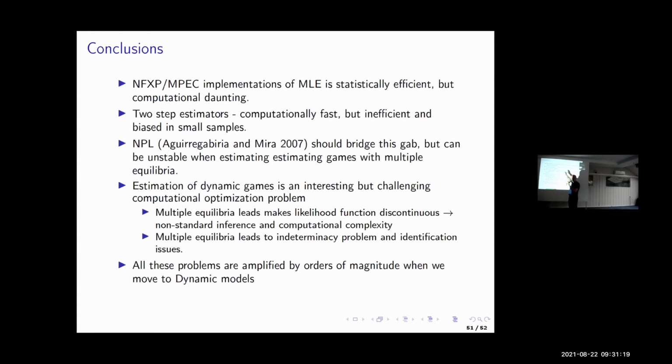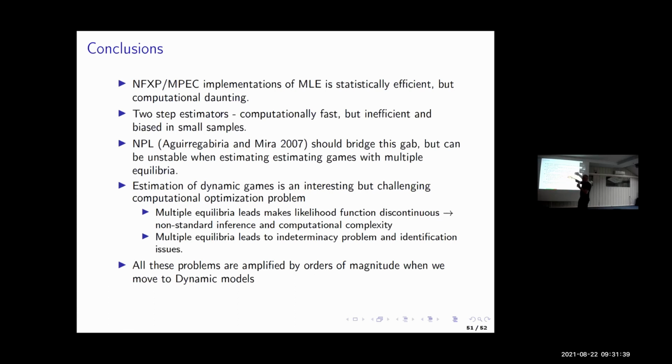What I just said was really on the slide. NFXP is statistically efficient, but it can be computationally hard because either you need to solve a constrained optimization problem, or you need to find all the equilibria of the model. You need algorithms for that.